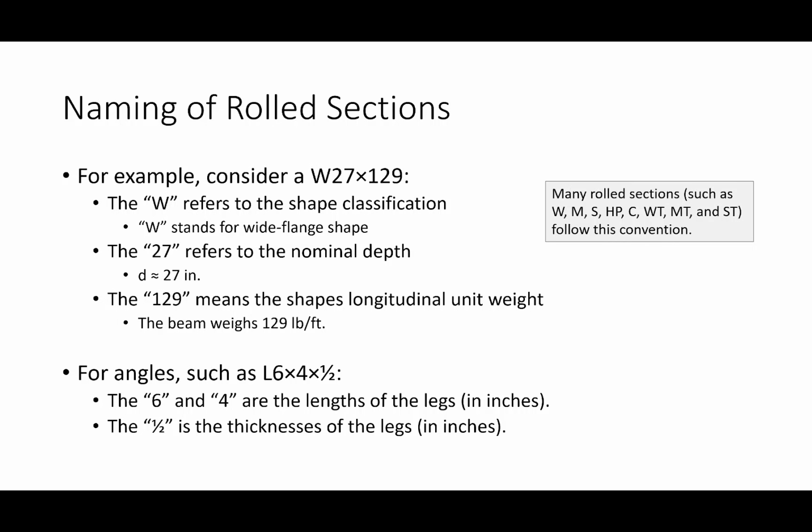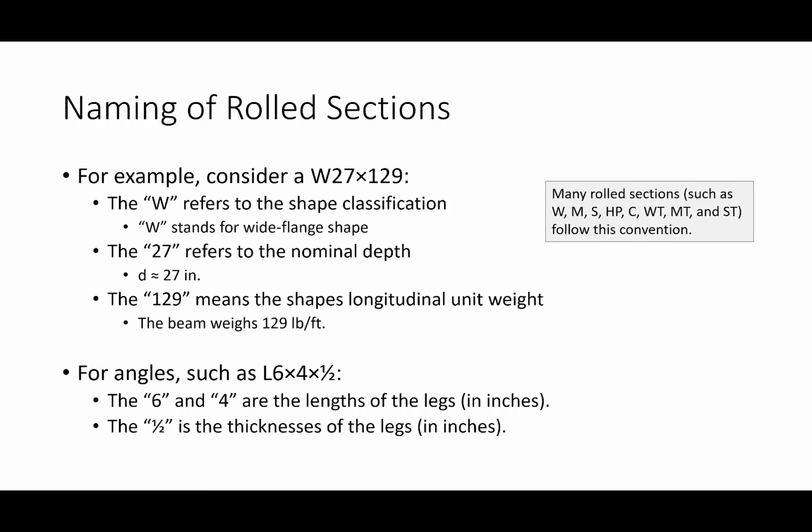So a W27 by 129 is a W section that is about 27 inches deep and weighs 129 pounds per foot. Actually, the weight is pretty exact, so each foot weighs 129 pounds.